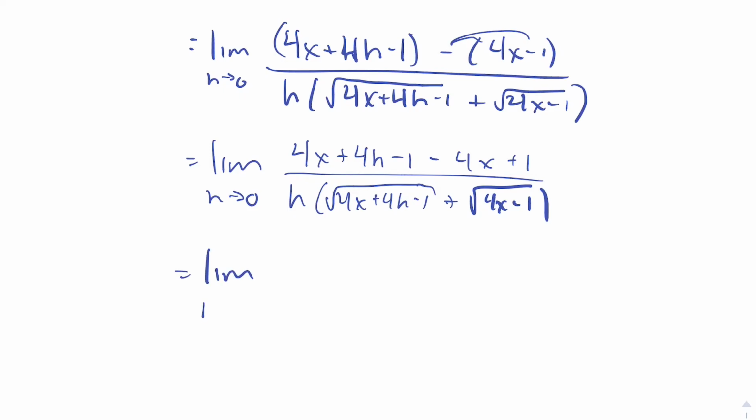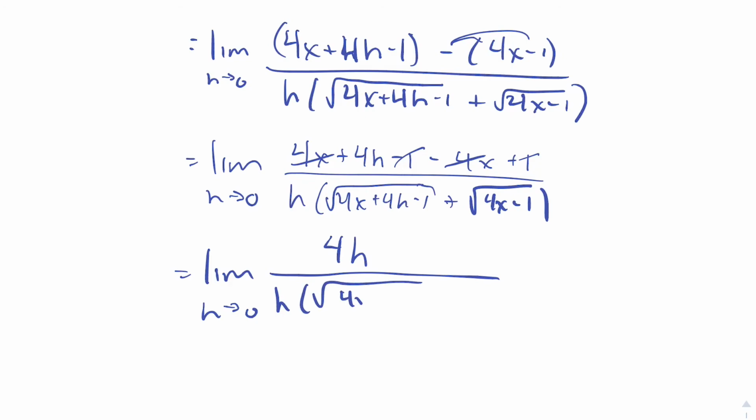I'll look to see what cancels in my numerator. These 4x's will cancel, and these 1's will cancel. I'm left with 4h all over h times the square root of 4x plus 4h minus 1, plus the square root of 4x minus 1.